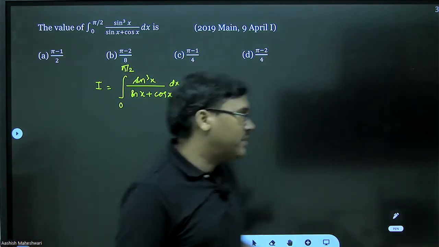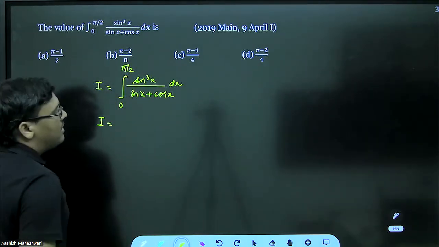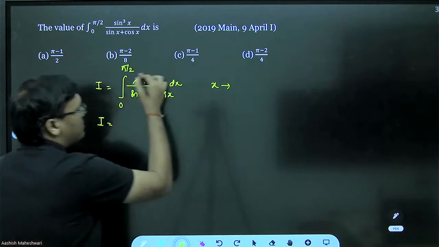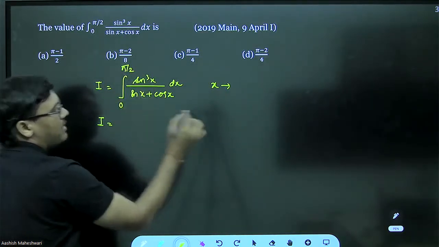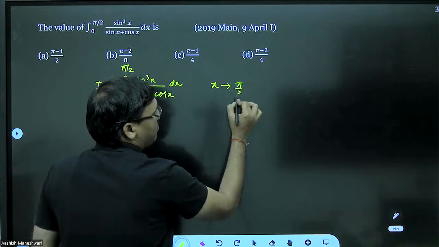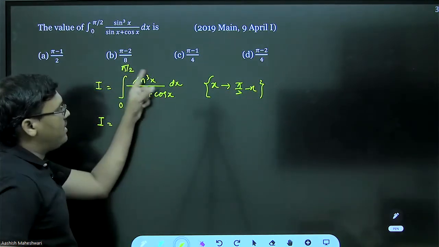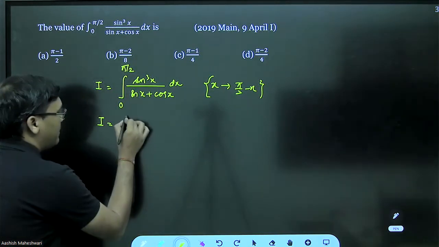For that, can I say this integration is, if I replace x everywhere in this function with a plus b minus x. So what is a plus b minus x here? This is pi by 2 minus x. If I replace x everywhere with pi by 2 minus x in this function, the integral will remain the same.